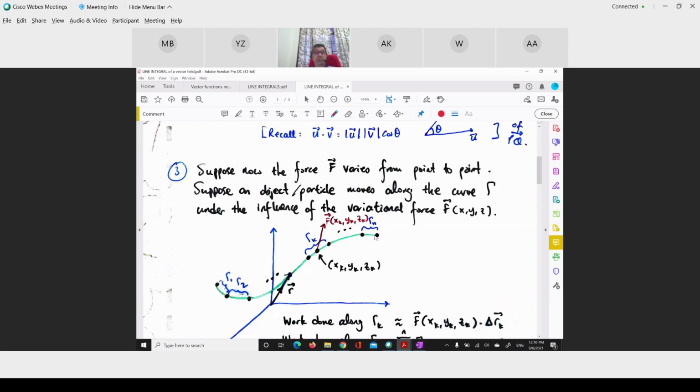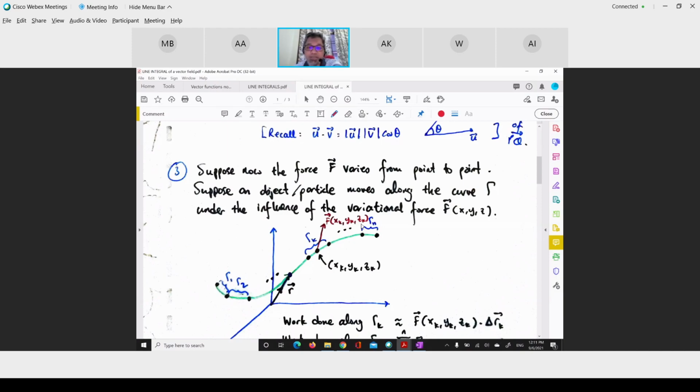We subdivide the curve gamma into several subcurves, gamma 1, gamma 2, gamma k, up to gamma n. We subdivide the curve gamma into n partitions. Let's focus our attention on the curve gamma k. Gamma k has many points, so let's choose one representative point, xk, yk, zk. Suppose the force at the representative point is the vector field F at the point xk, yk, zk.